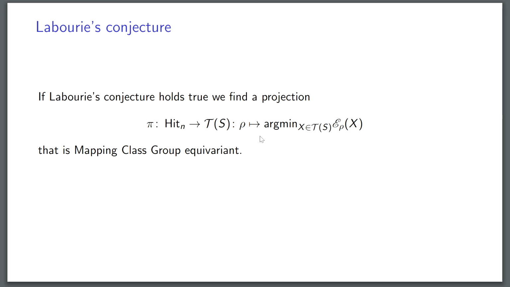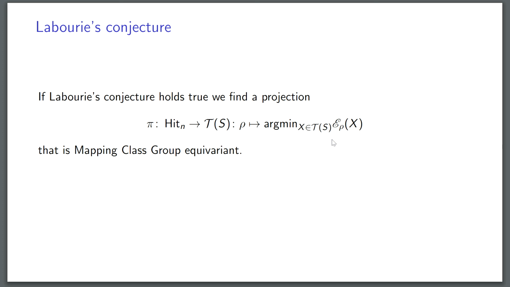And you map your representation simply to this minimizing point in Teichmüller space. And because this construction is very natural, no choices have been made of any sort, this is automatically mapping class group invariant.